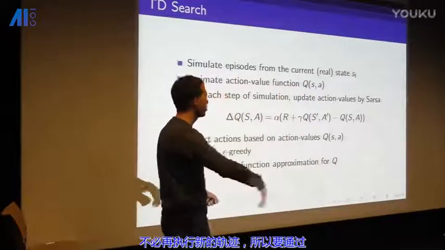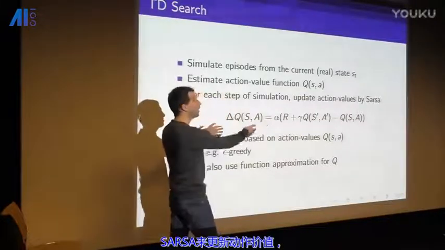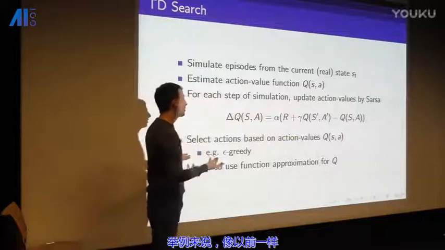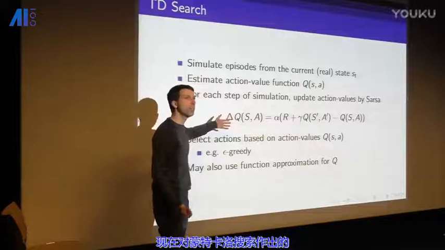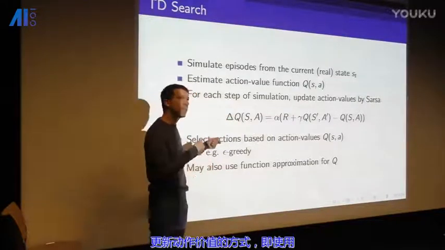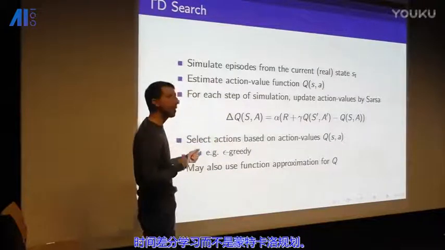You don't have to just run out new trajectories. So we update our action values by Sarsa, for example, and we select actions by acting greedily with respect to our Q values, just as before. The only thing we've changed from Monte Carlo search is the way in which we update our action values. We use temporal difference learning instead of Monte Carlo learning.